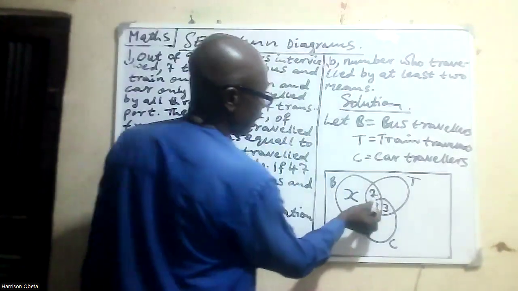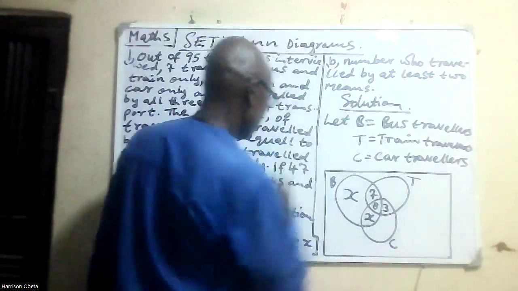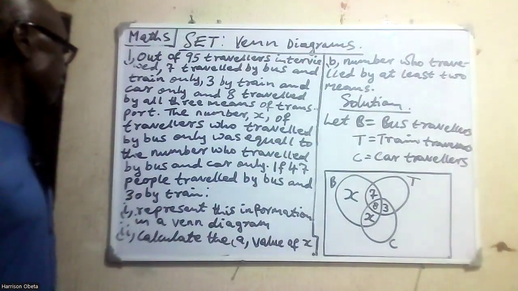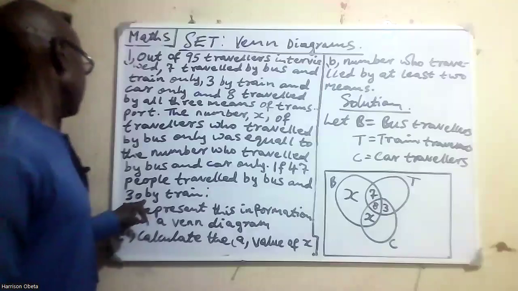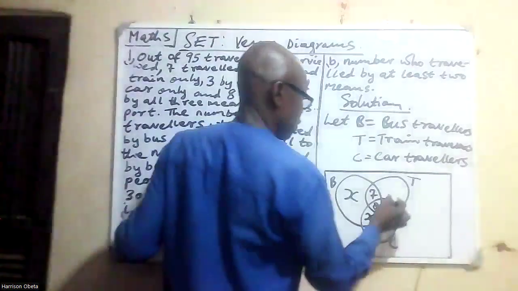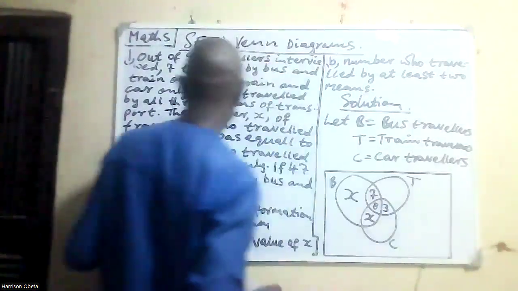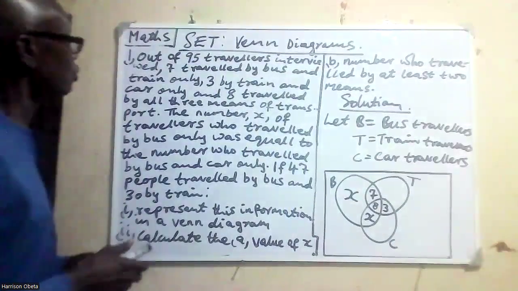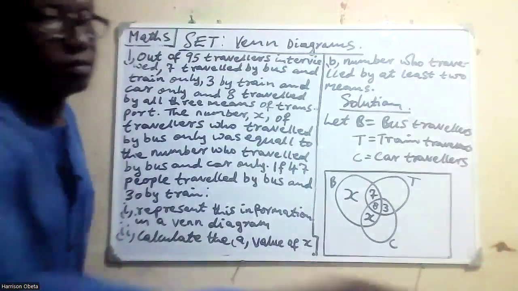So by the time we add everything in this circle, we must get 47. And also by the time we add everything here, we must get 30. But let us use 47 for instance.